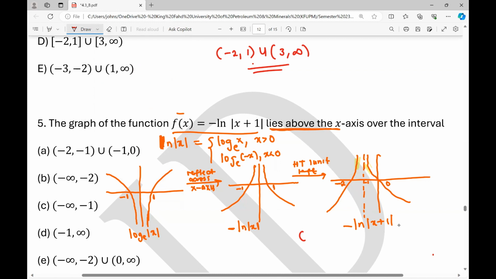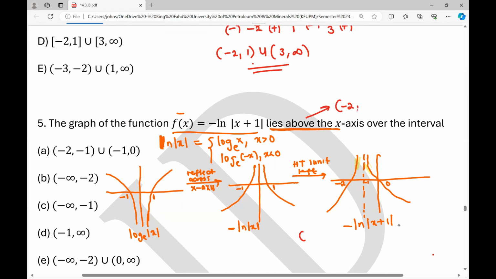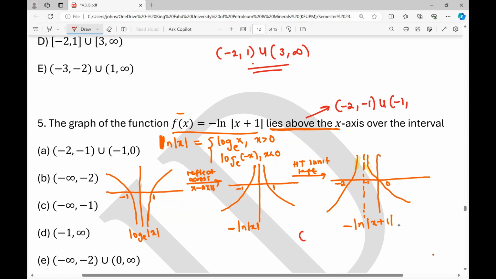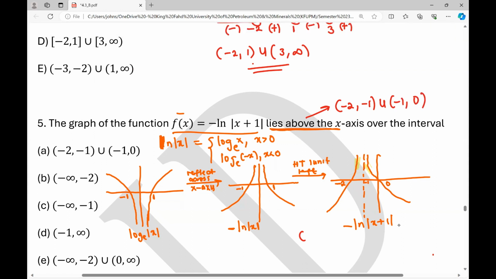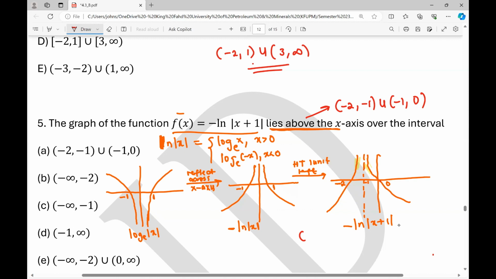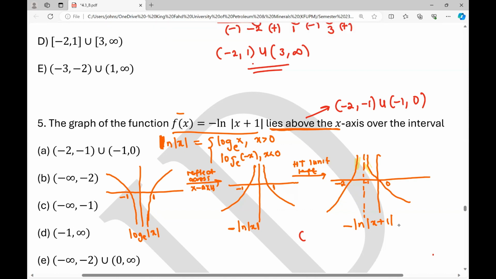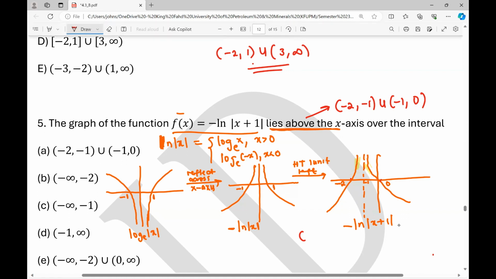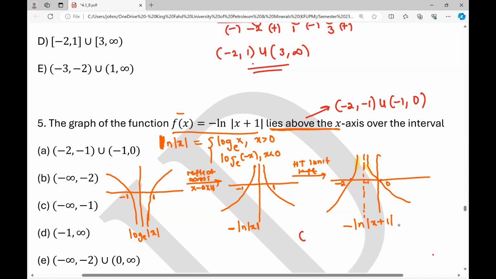Above the x-axis will be from -2, up to the vertical asymptote at -1, open, union, then from -1 to 0. If you're looking for below the x-axis, it will be from -infinity to -2, then 0 to infinity. But above the x-axis is this portion here. So it's going to be from -2 open, up to close to -1, then from -1 to 0. Right, so the answer here is A.